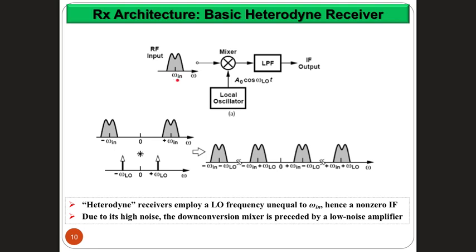This is the input signal carrier frequency or center frequency. Rather than demodulating it to zero, which means I should have multiplied it by cosine WN here, and that would bring it to zero, and then low pass filter it, what I'm going to do is multiply it by some local oscillator, which is different from WN.